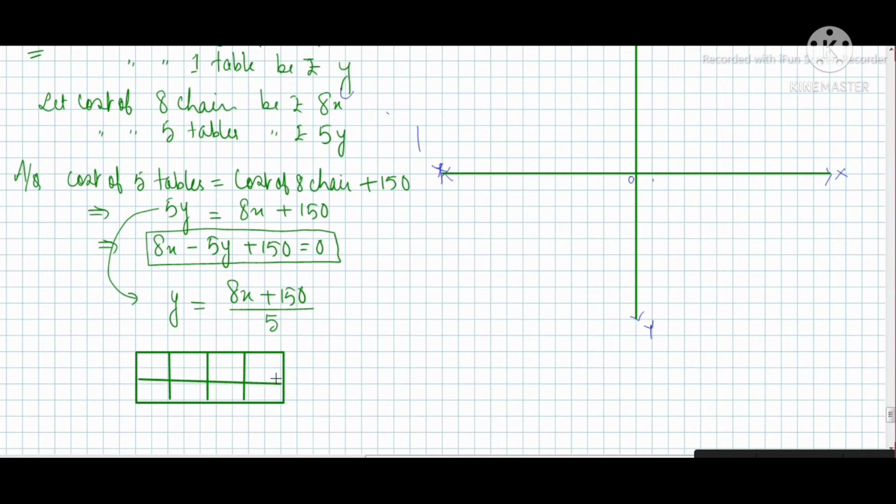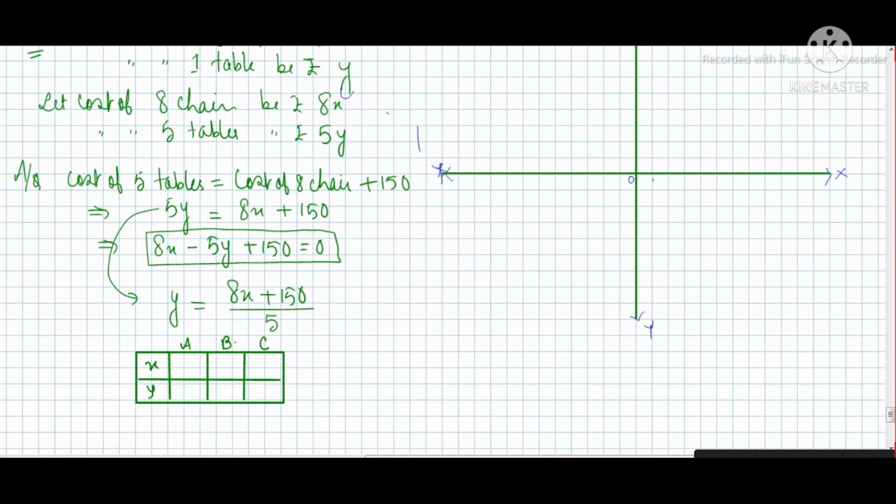Okay, I have made it. This row I will consider as x and this row as y. This is column A, column B, and this is column C.